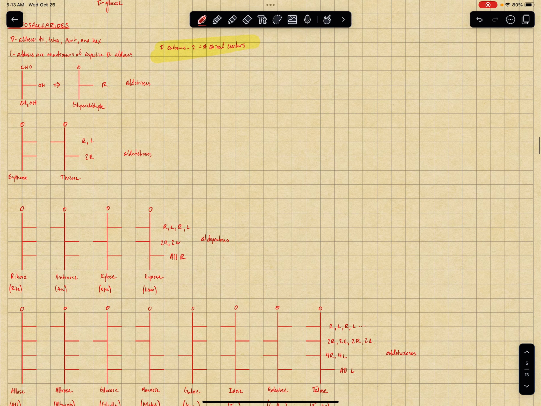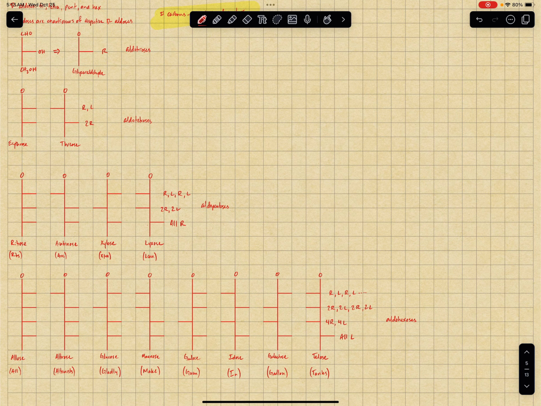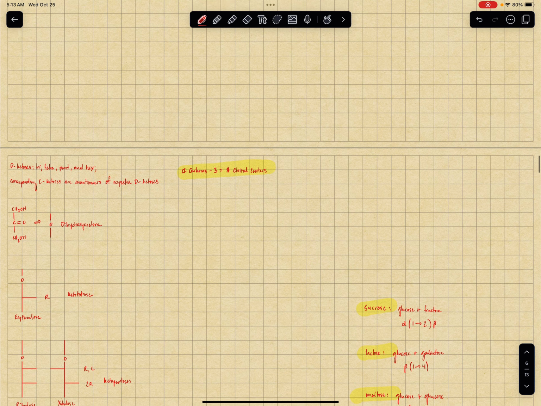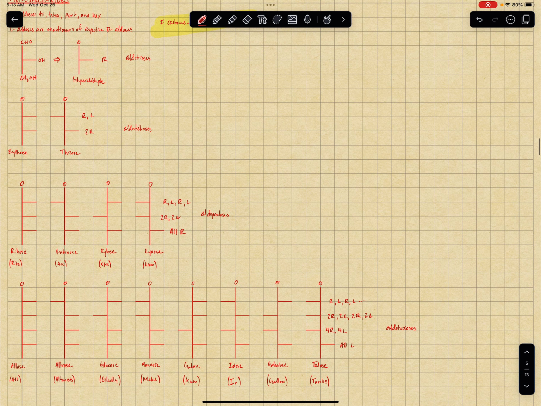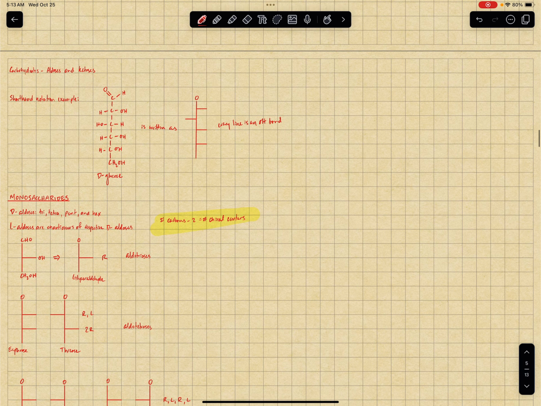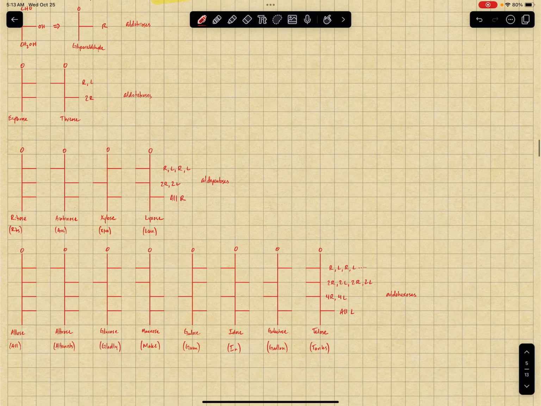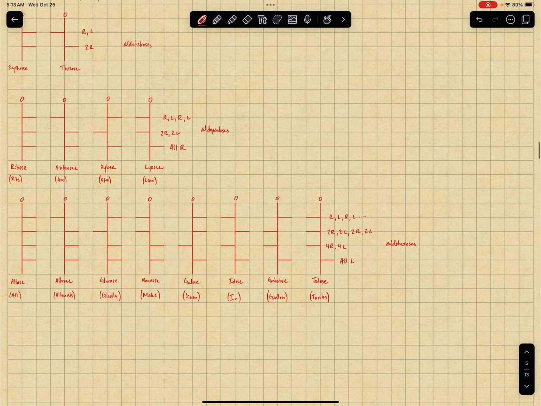And I might make a separate video just to go over how to memorize the sugars and how to visualize them properly, because I know that that's a little bit challenging to do when you start out, like visualizing the actual standard notation from one of these line structures and just manipulating even the standard notation in your head, and how the hemiacetal reactions work and all those kind of things.